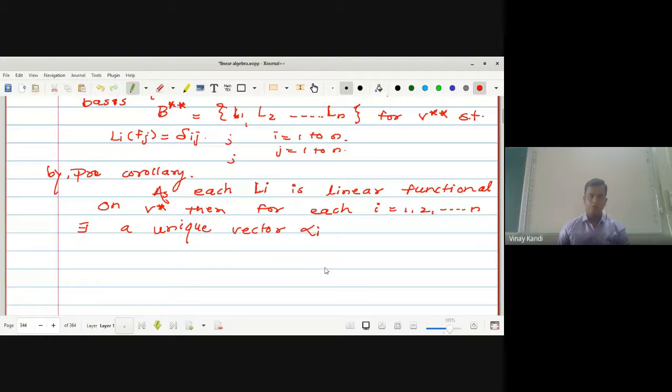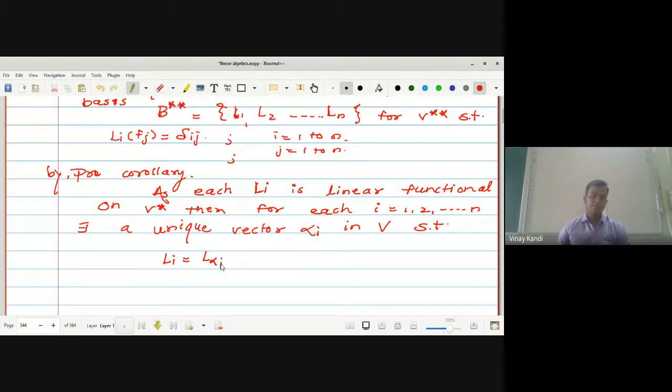As each Li is a linear functional on V star, then for each i running from 1 to n, there exists a unique vector alpha i in capital V by the previous corollary. For L1 we get alpha 1, for L2 we get alpha 2, such that Li is equal to L alpha i.